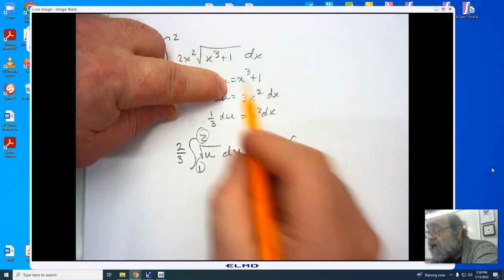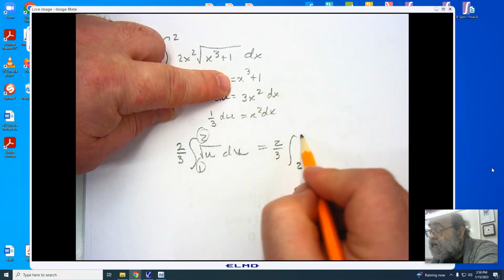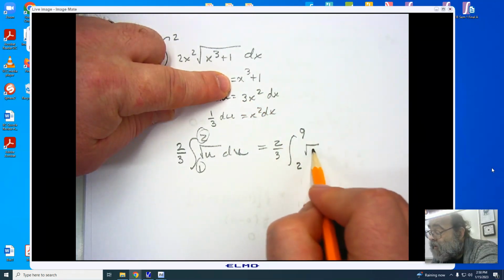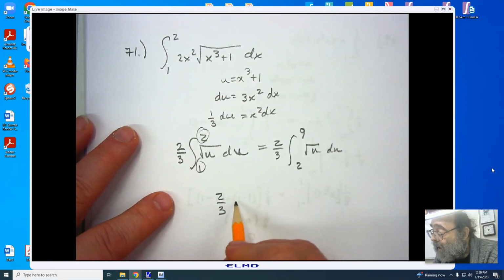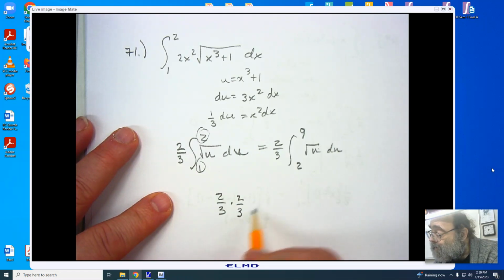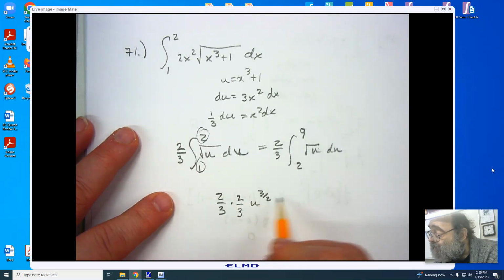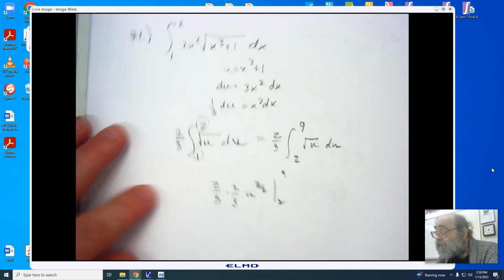Plugging in the 1, that's going to give me a 2. Plugging in the 2 goes to a 9. Square root of u du. I now have 2/3, and that's multiplied by 1/2 from the exponent. So it becomes 4/9 u to the 3/2 power from 2 to 9.